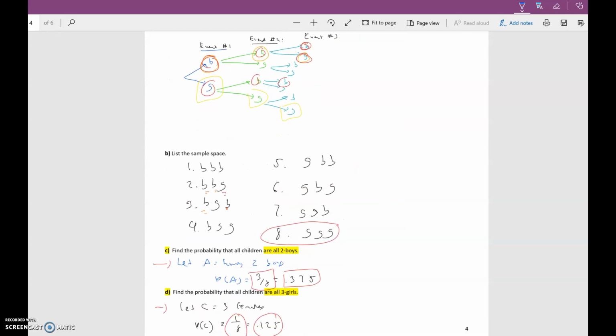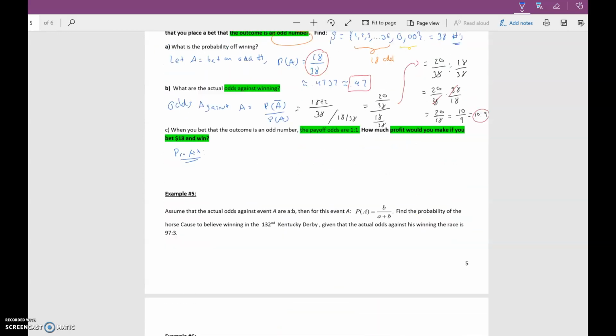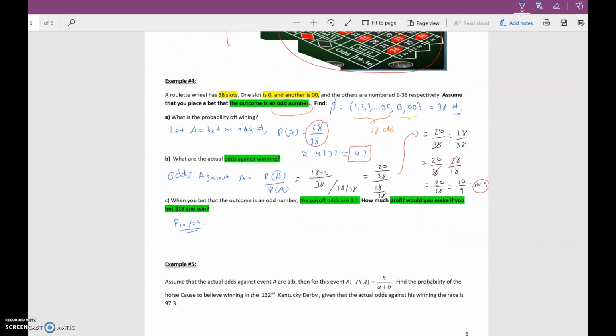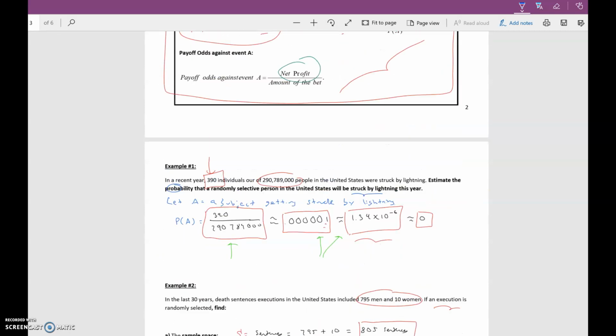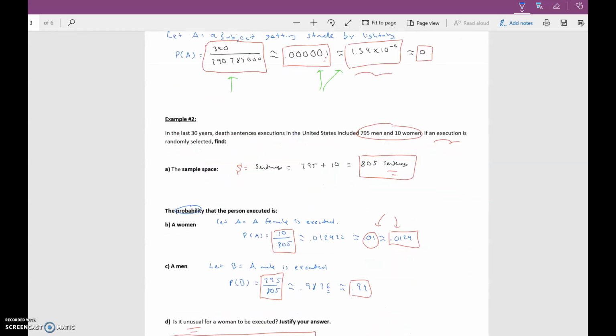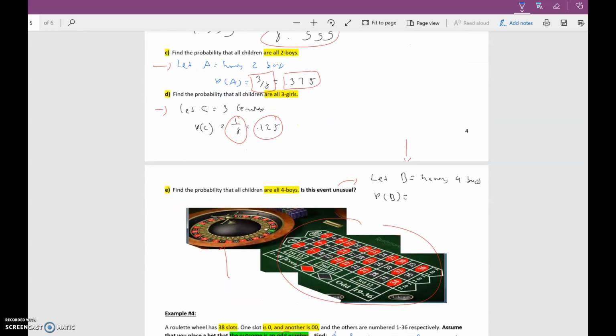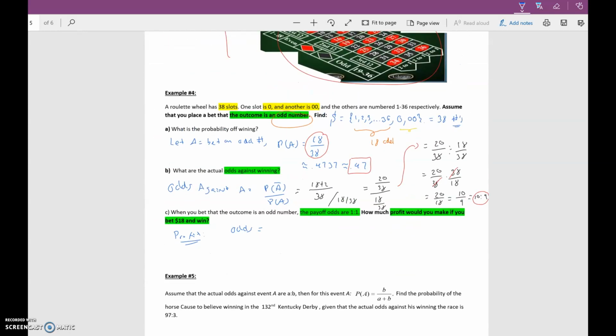In this case, the formula we're going to be using is the payoff odds. So it's odds equal to net profit over the amount of the bet.